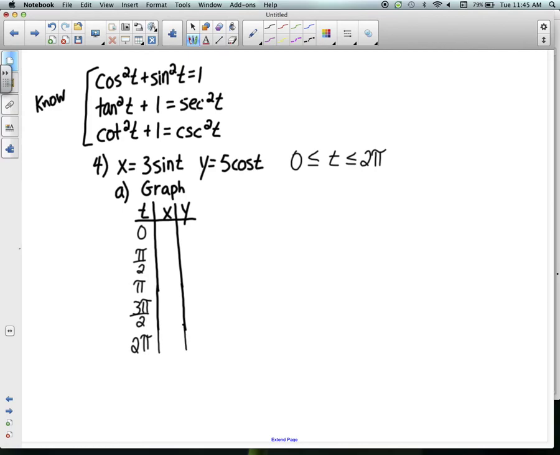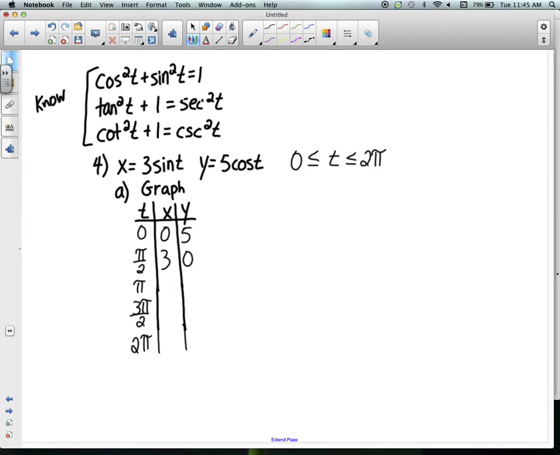All right, and then you want to think about if you plug 0 in. 0 is 0 for sine and 1 for cosine. So our first one's going to be 0, 5. Our second one, pi over 2, sine of pi over 2 is 1, cosine of pi over 2 is 0. So we're going to end up getting 3, 0.